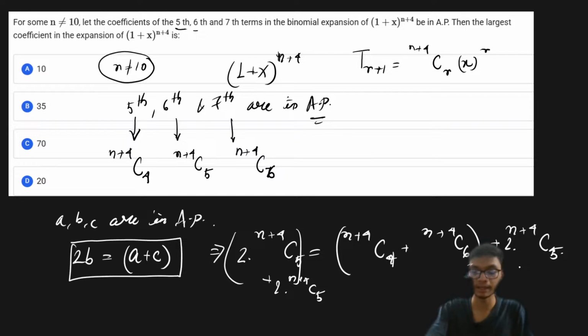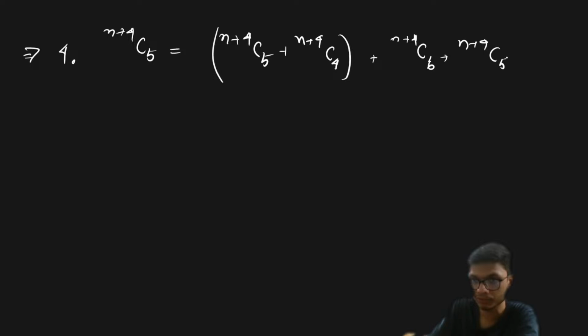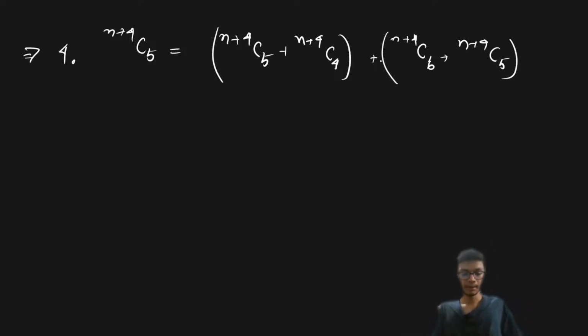The advantage of doing that is that the left hand side becomes 4 multiplied by (n + 4)C5, and I can write that as (n + 4)C5 + (n + 4)C4 as one term, plus (n + 4)C6 + (n + 4)C5 as another term. The advantage is that we are trying to converge this.